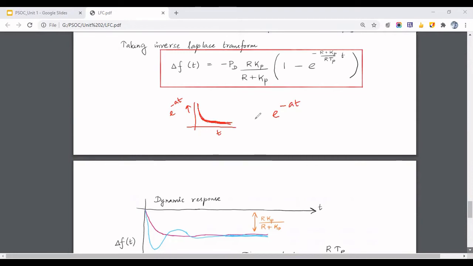Now, the equation is 1 minus e power minus at. I'm going to subtract this from 1 for all these values. The initial value is 1. So we are talking about the per unit values, right? When we talk about the initial value, let me consider that to be 1.